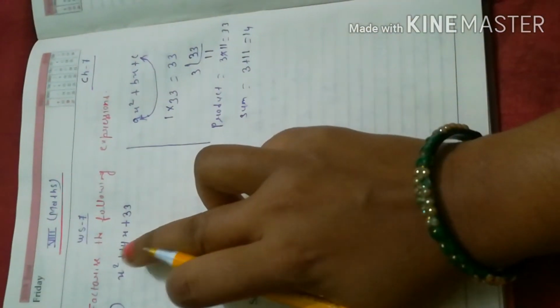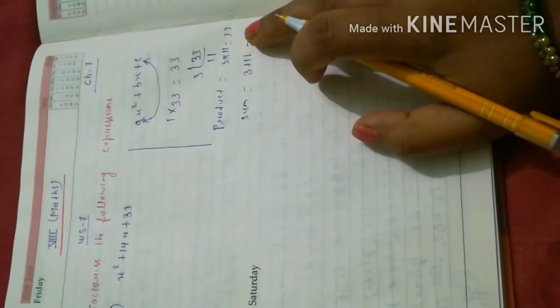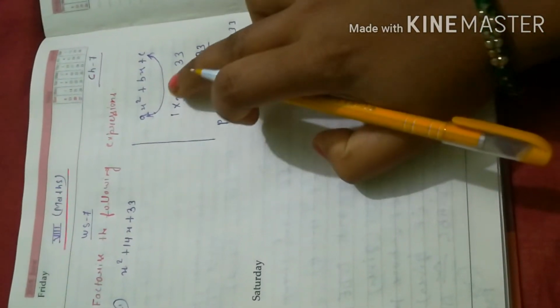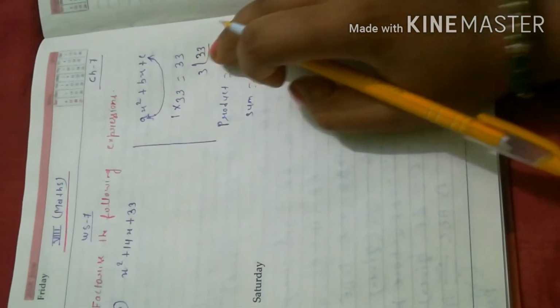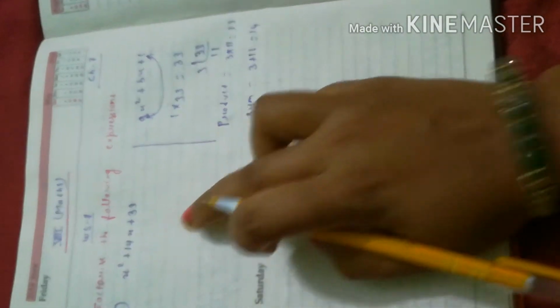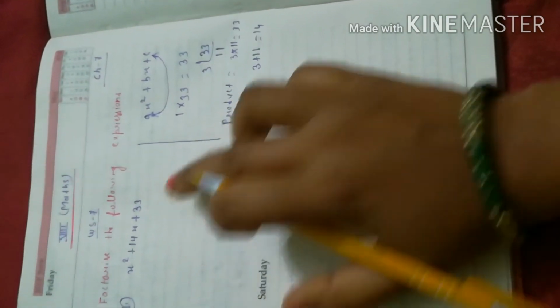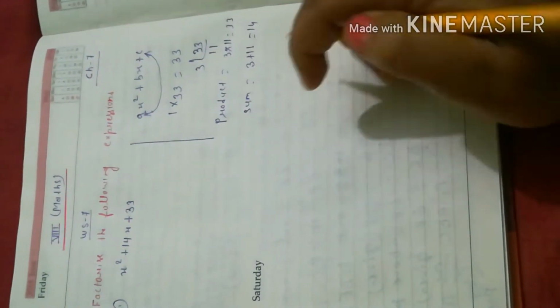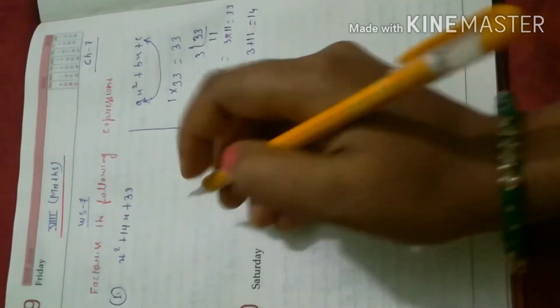Here you can see 14 is given. So always keep this in your mind: you will break a into c in such a way that if you add you get the middle term, and if you multiply you get the product of a into c. I think now all of you understood how to do it.